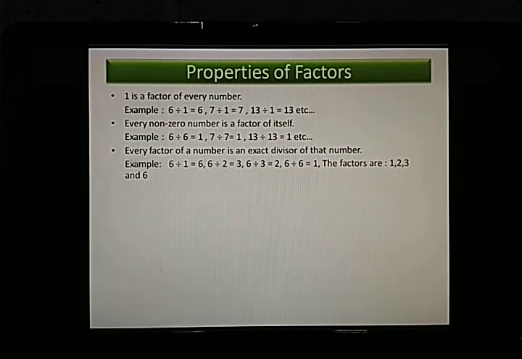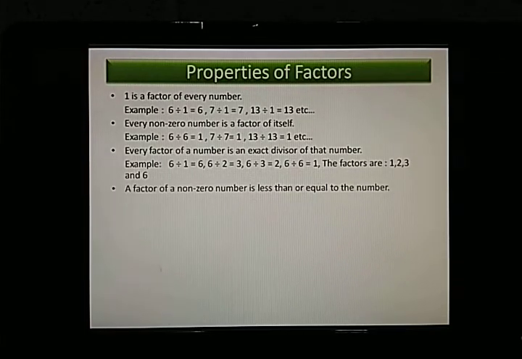So by the definition itself, we know that whenever a number has to be a factor, it should completely divide that number, or it should be an exact divisor of that number. Only then we can say it is a factor. Say for example here 1, 2, 3 and 6 are the factors of 6. So how did they become factors of 6? Because they completely divide 6, or you can say they are exact divisors of 6. That is why they are the factors of 6.